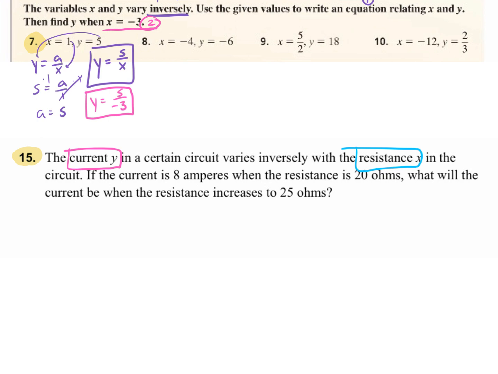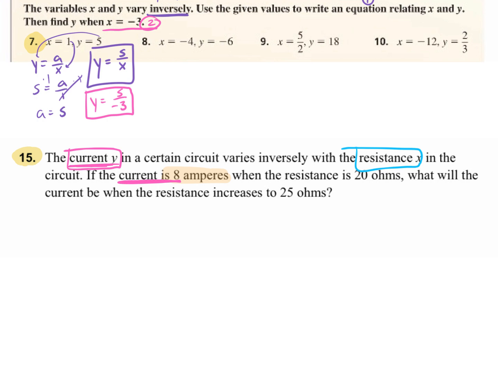So it says the current is 8 amps here. Does that 8 go with the x or the y? How do you know that it's the y? Because it says the current. It's talking about the current, and current is y. So the current is 8.